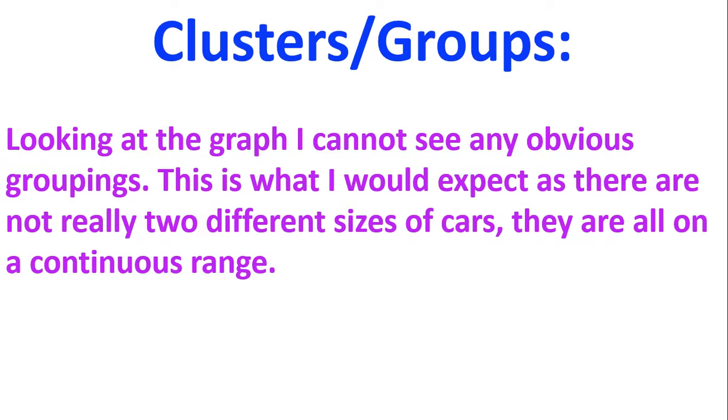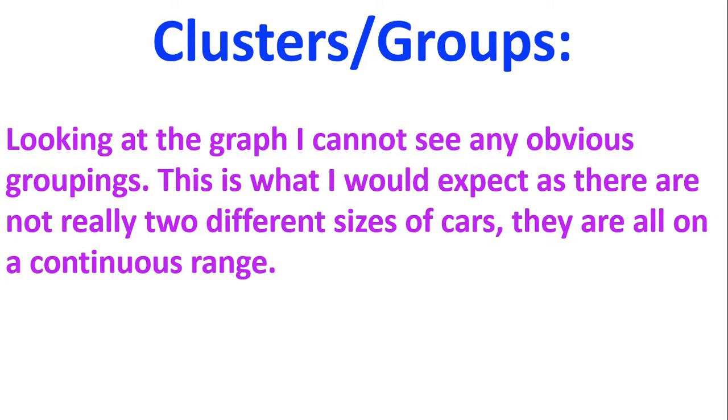So what I'm going to say, looking at the graph, is that I can't see any obvious groupings. You might also want to explain that you've looked at transmission type, fuel type, the type of vehicle, etc. You might list the types of things you've looked for, and just say you haven't found anything.